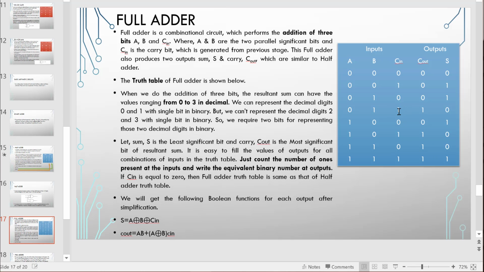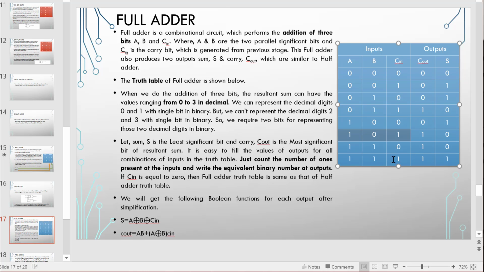So you can say that it's the same if there are two ones in the input side, right? So it is the same case, 1 plus 0 plus 0, so the sum will be 1 and there will be no carry. And if there are two ones, then we have 1 0.